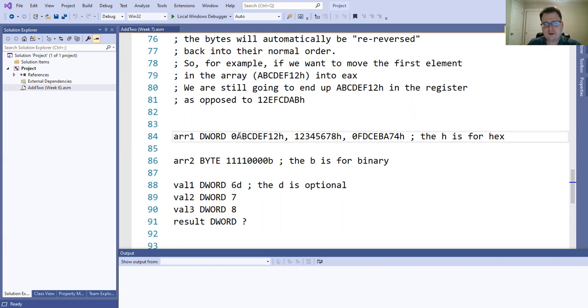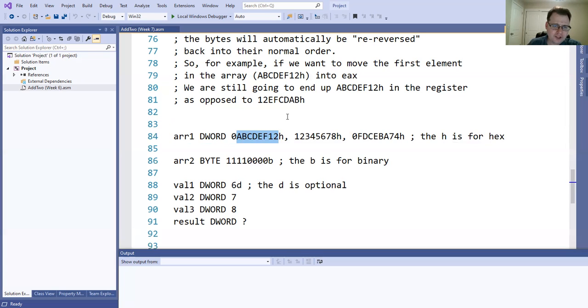That means that the 0 itself is not part of the number, or part of the data. The first element in the array ARR1 is just the last 8 of the 9 hexadecimal symbols.